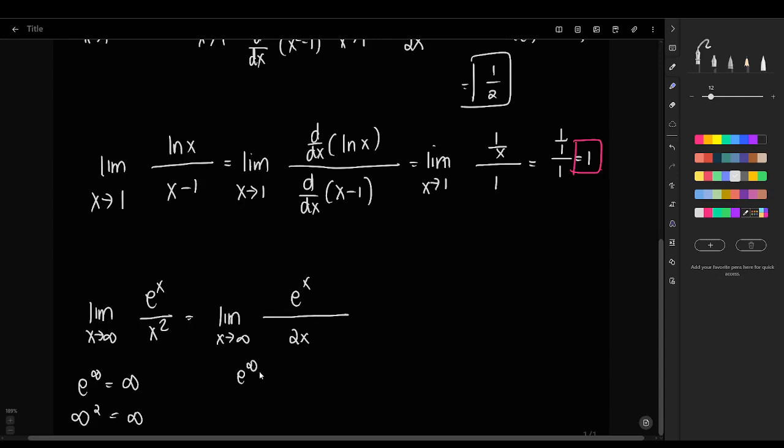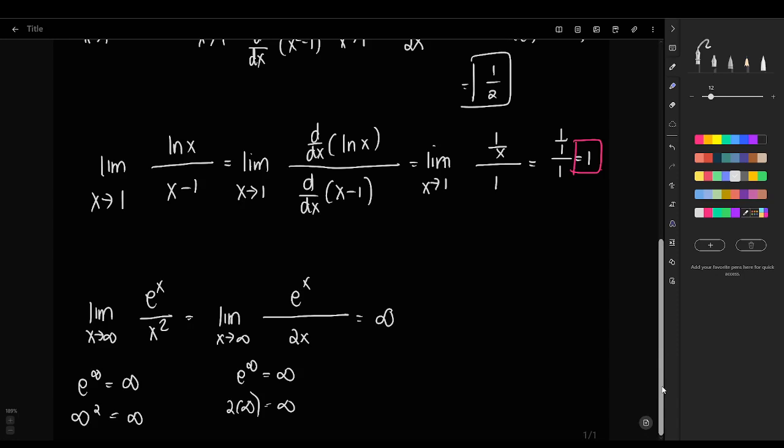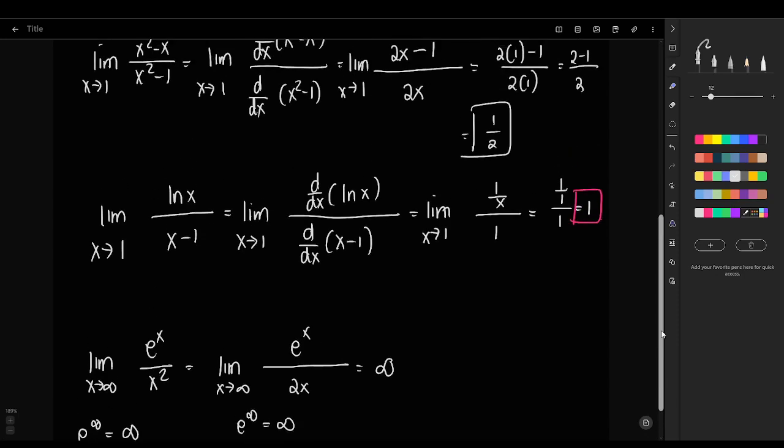the Euler number, or e raised to infinity, is still infinity. And 2 times infinity is still infinity. So this will give you the idea that this kind of statement does not exist, and it will lead you to infinity, right?